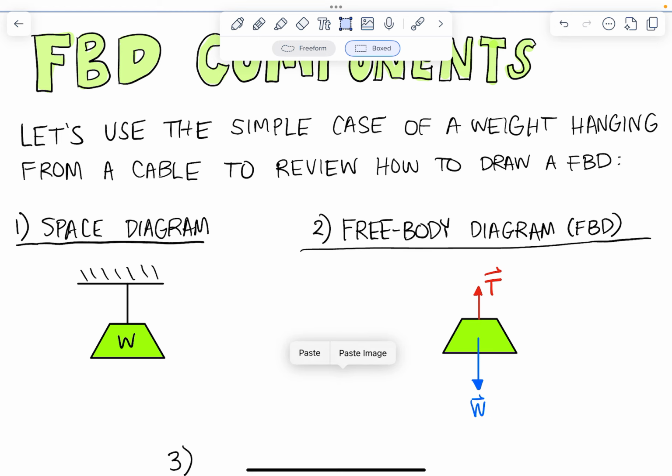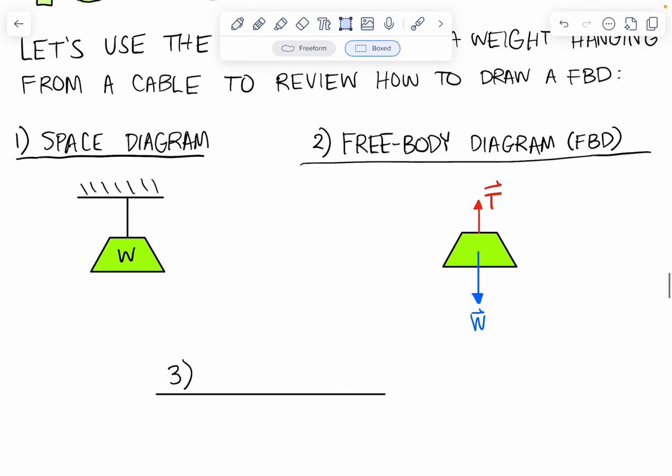Now, the next part requires us to make a couple additional assumptions, and that is we're going to make a simplified free body diagram where we're going to idealize this weight as a particle, because we don't really care about the shape of this weight, right?